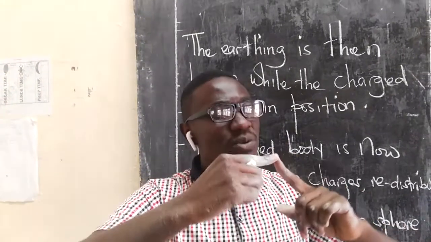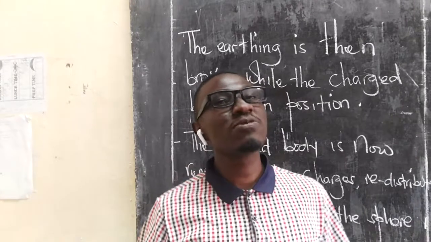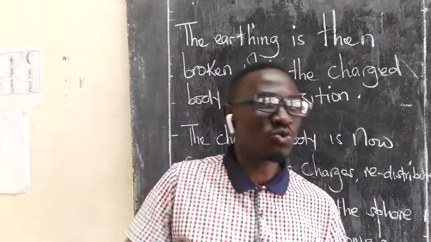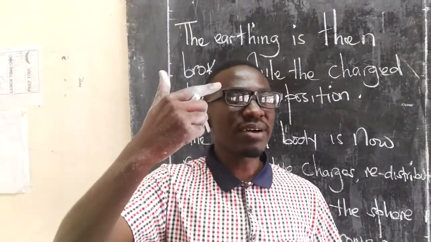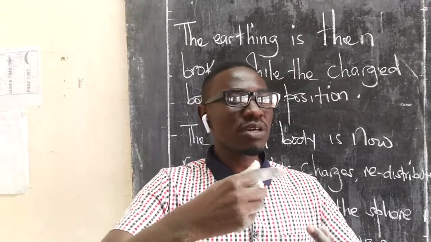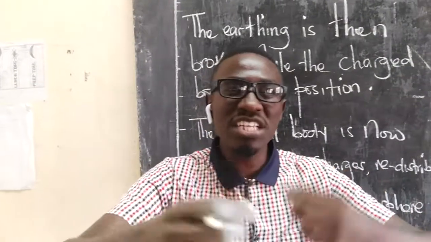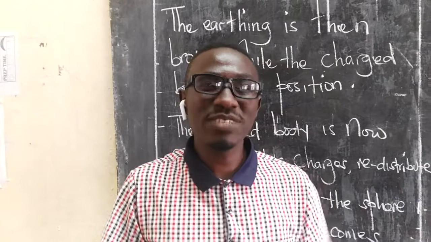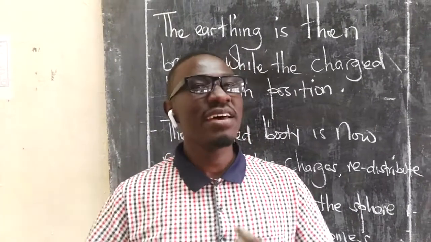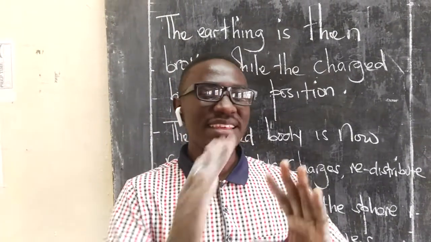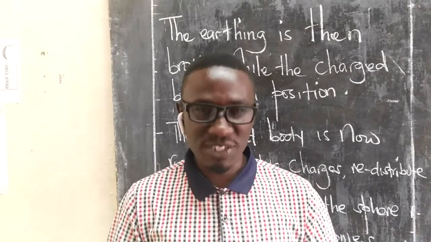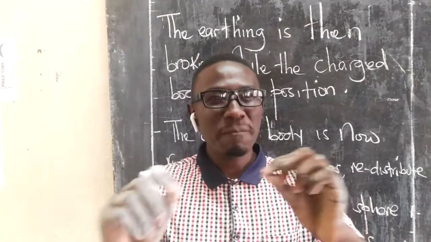Now this time around, when you earth, electrons will flow from the ground. They will not flow to, but rather flow from the ground. So once they flow from the ground, they will neutralize the positive charges on that conductor. Positive charges will not move, but rather electrons will flow from the ground and they come and neutralize the what? The positive charges.